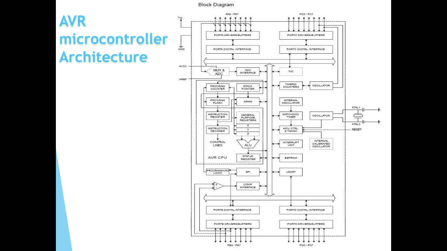And the other components that you can see here, for example, timer counter, I explained in the previous slide. And other components, all of them are shown here, which are related to the AVR microcontroller architecture, and the buses, as you see these lines, which are used for interfacing different peripherals inside the microcontroller with each other.